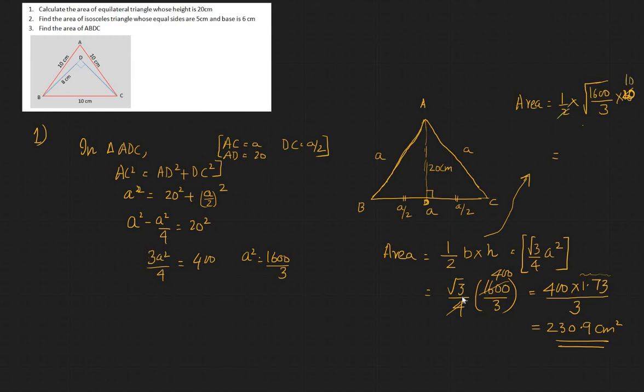So you have 40 into 10 divided by square root of 3, that is equal to 400 into root 3 divided by root 3 into root 3, and you get the same answer, 400 root 3 by 3, which is same as this. So you have to write your answers in decimals.